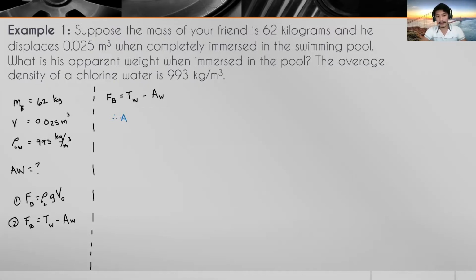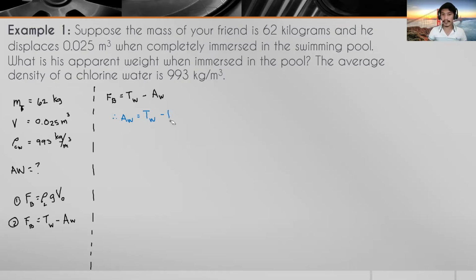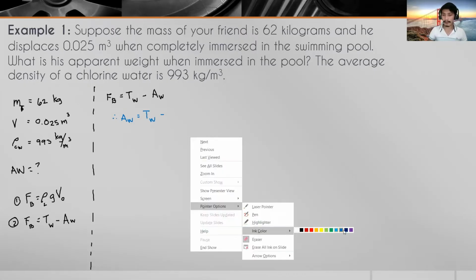Apparent weight is equal to true weight minus the buoyant force. FB pala yung buoyant force. Pero some books use B as symbol or variable for buoyant force. Sa atin, FB.